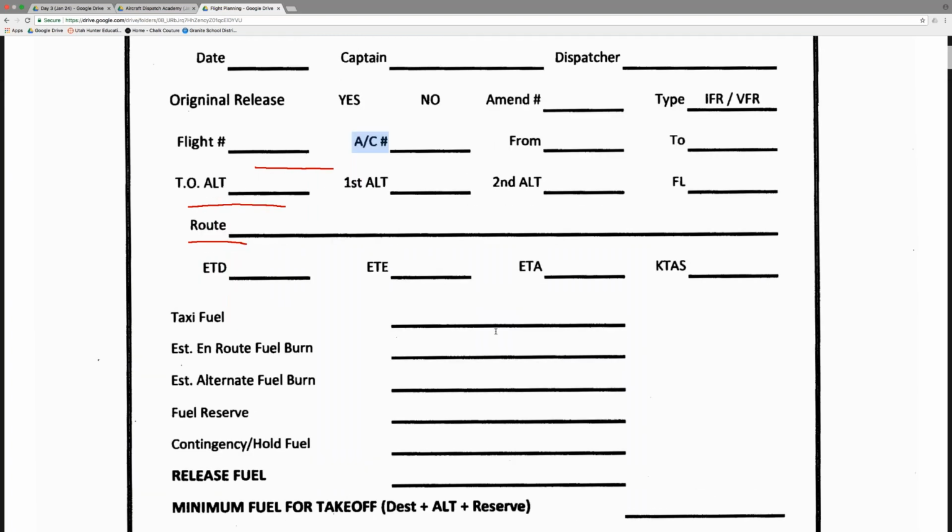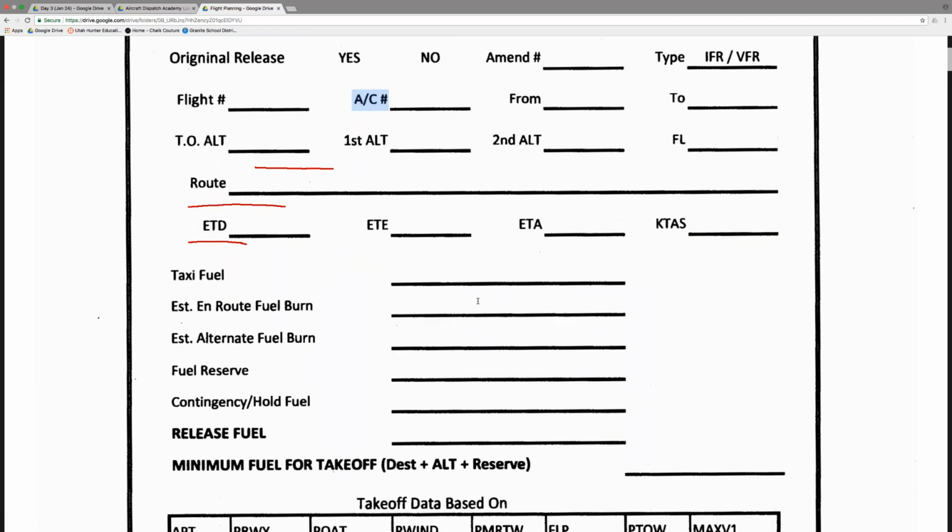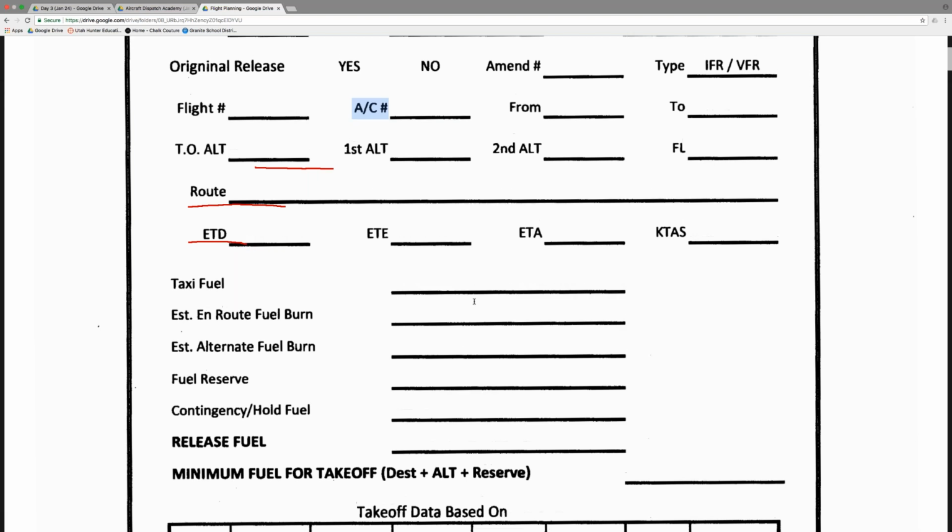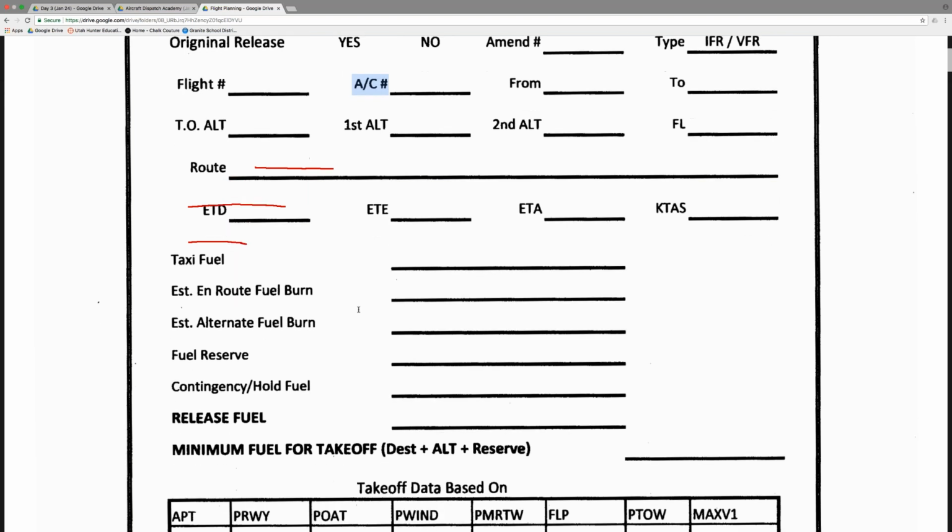They'd have a copy of a blank piece of paper, and they'd actually have to write this in with a pen at the gate, and then the pilot would have to hold on to that piece of paper during the flight.